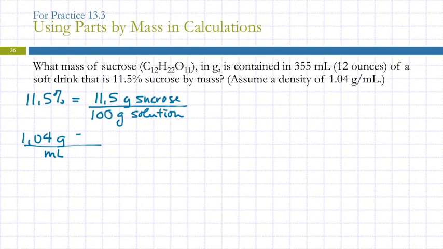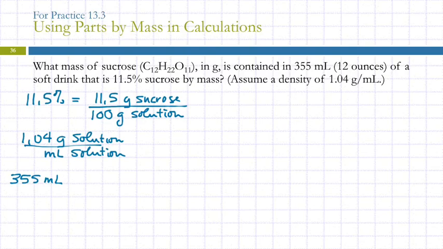So that's going to be grams of solution per milliliter of solution. Everybody okay with that? What's the other number they give us? 355 milliliters. The 12 ounces there is just for a point of reference because we're familiar with what 12 ounces looks like. And 355 milliliters is like, I don't know how much that is. It's a can of soda.